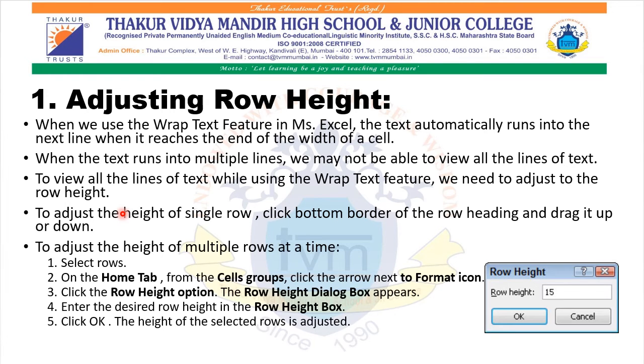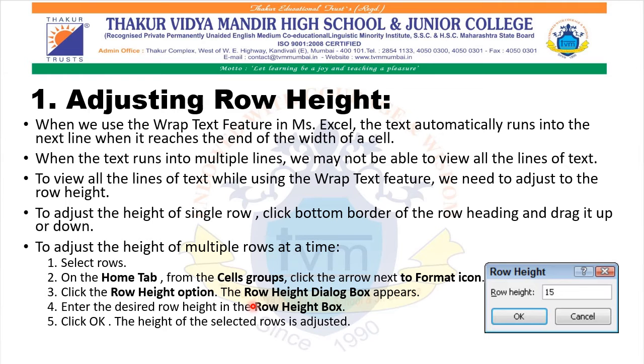But if you want to adjust multiple rows at a time with a particular height, in that case you just have to select the rows. If there are more than two rows, select all the rows. Then the second step is, on the Home tab, from the Cells group, click the arrow next to the Format icon. There will be an arrow, you are going to click that. Then third, click the Row Height option.